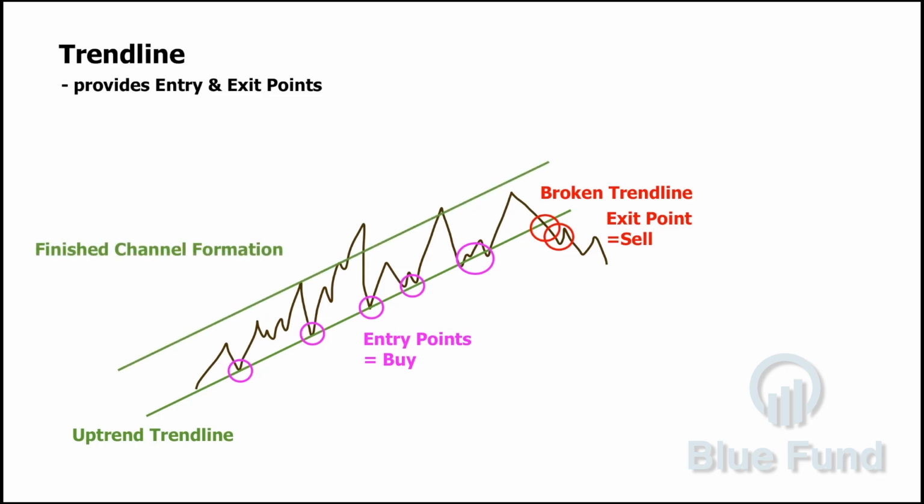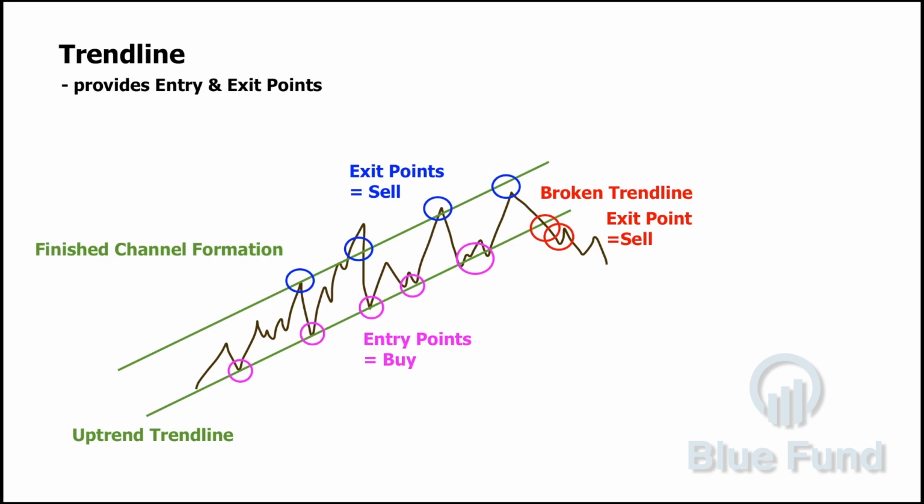A channel is like a little tube you draw around a trend to indicate the peaks and troughs in the trend, which helps you predict where the next peaks and troughs will occur. And overall, a channel can help you to indicate when the trend is ending or changing course.